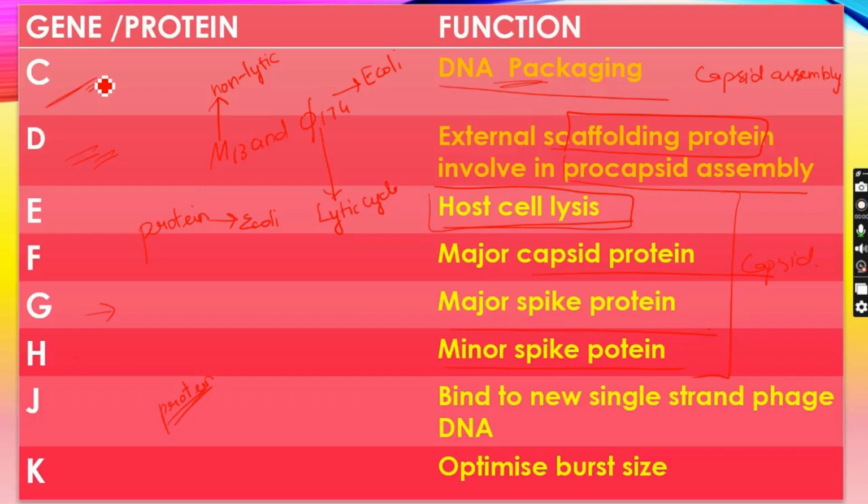DNA packaging is carried out by the C gene protein, and the K gene is involved in optimizing the burst size. It produces certain proteins that optimize the burst size, which causes the lysis at a particular size of the E. coli.